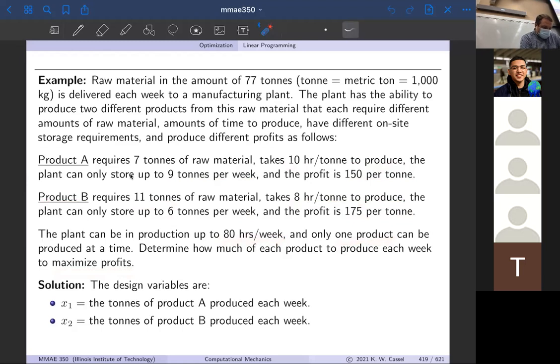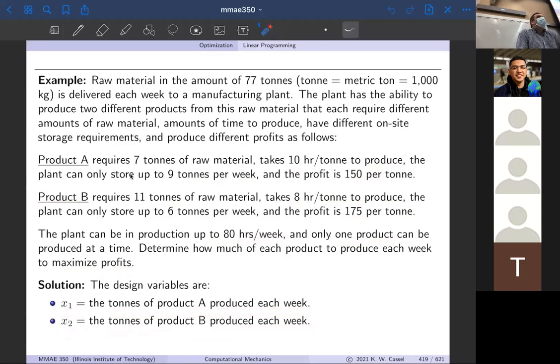All right, so we have 2 variables, X1 and X2. These are design variables. X1 is the tons of product A that's produced each week. X2 is the tons of product B produced each week. Now here's where you have a little bit of a decision to make.